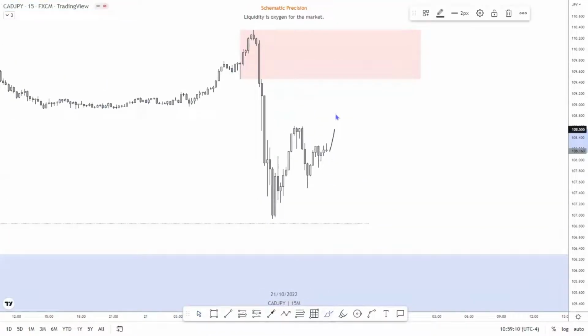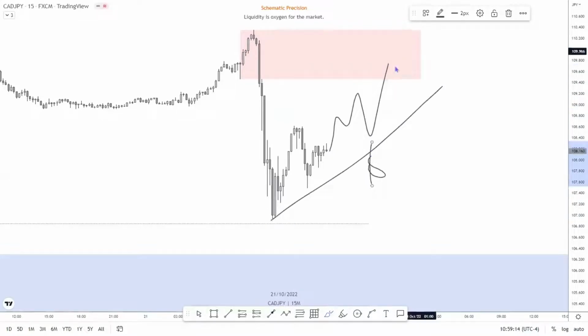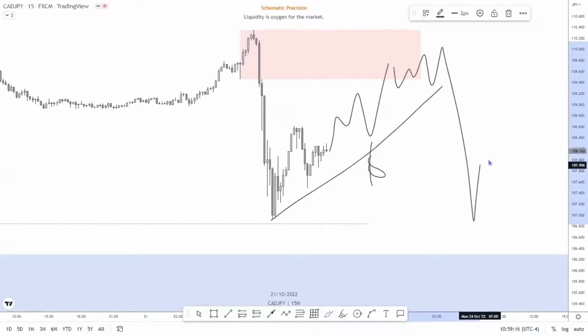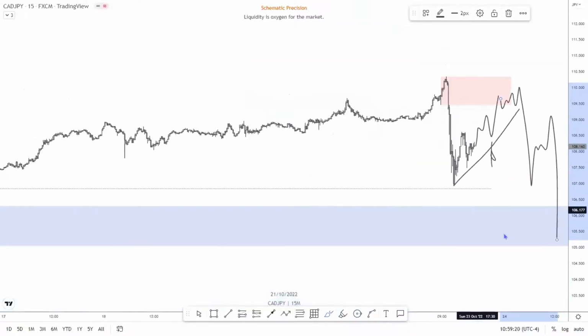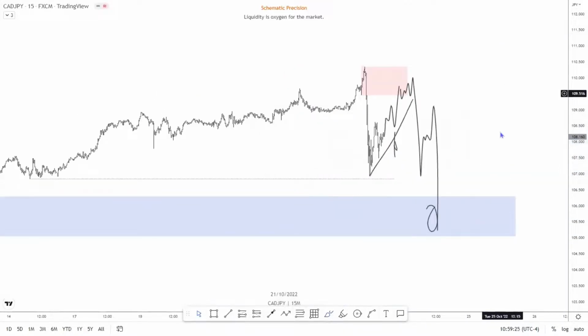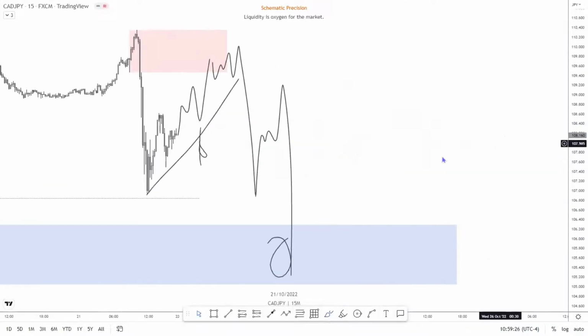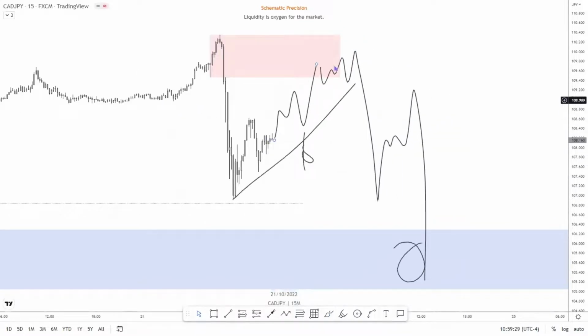Building more liquidity here and then go down, taking all this liquidity and mitigating this before again going higher. So if price moves up correctively and mitigates this order flow, then I'll suggest you to look for some shorts.